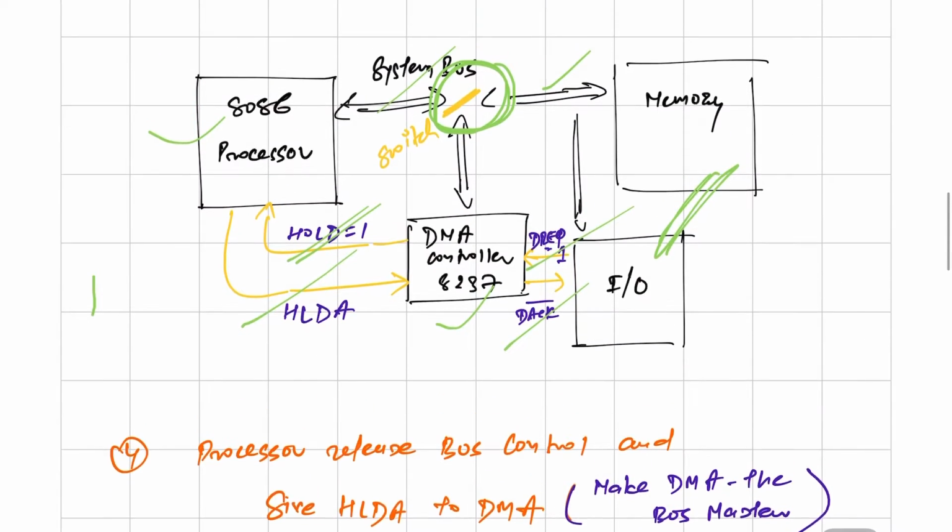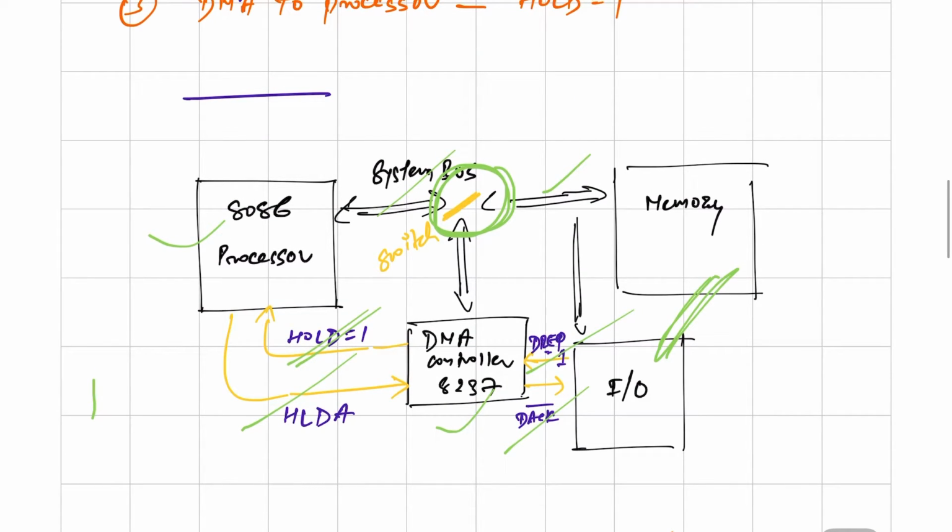Just for the sake of revision, let me revise it again. How it occurs: first, the microprocessor tells your DMA controller the starting address and the ending address, so the total number of bytes that you need to transfer. Once it is done, the DMA controller will check DR EQ with the input output device. Once it is okay, it will send the hold signal to your microprocessor.